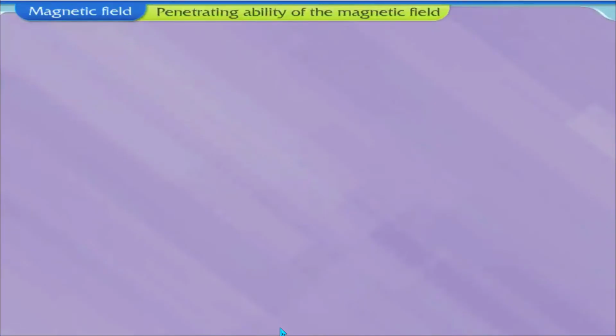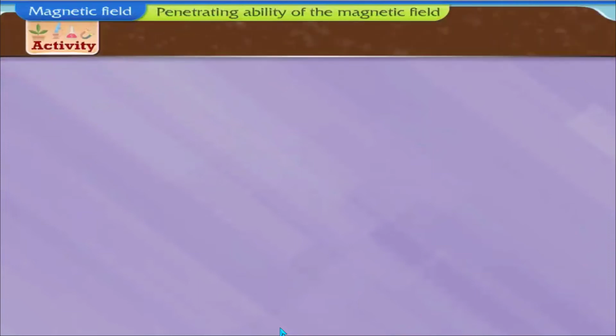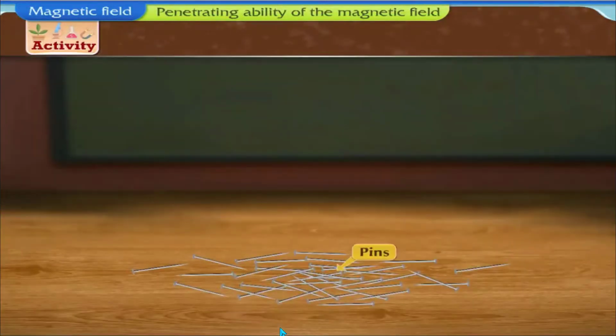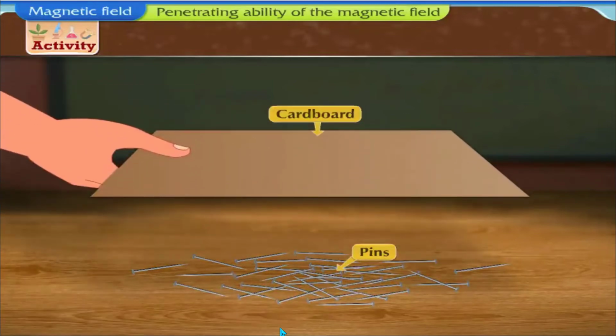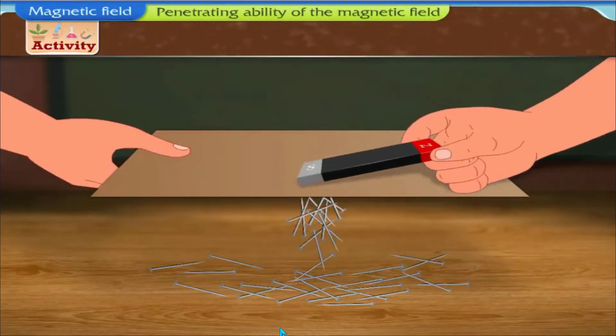Penetrating ability of the magnetic field. Let us perform some activities. Let us spread some pins on a table. Now, hold a cardboard at a small distance above these pins. Let us now place a bar magnet on the cardboard.